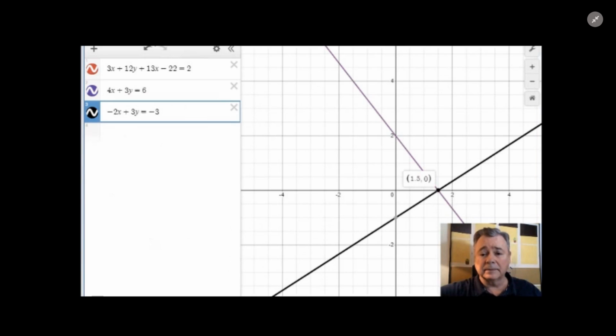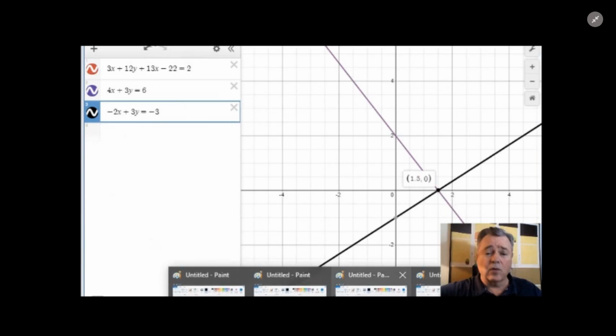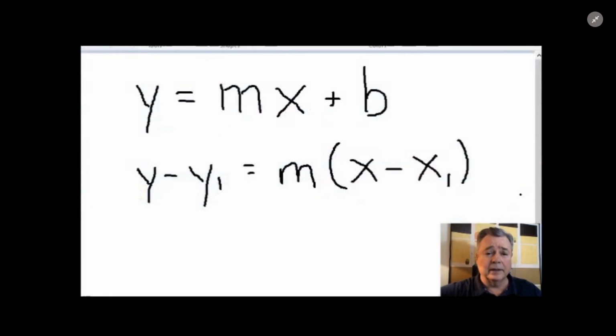the intersection. Now, in order to solve other problems, you're going to use other forms of the linear function. We have the slope-intercept form, y equals mx plus b. And we have the point-slope form, y minus y1 equals m times x minus x1.